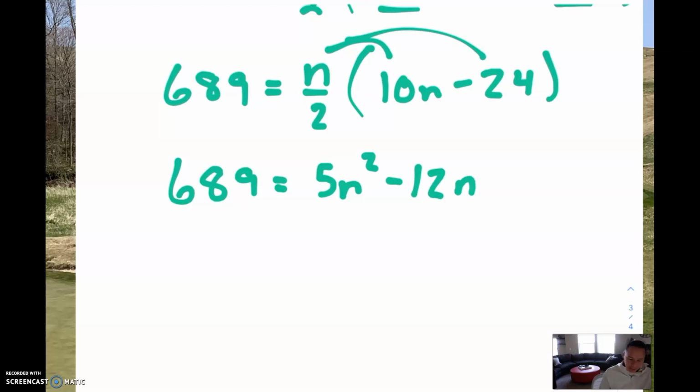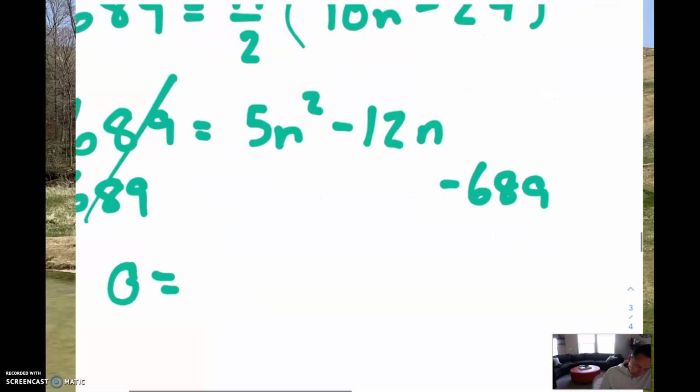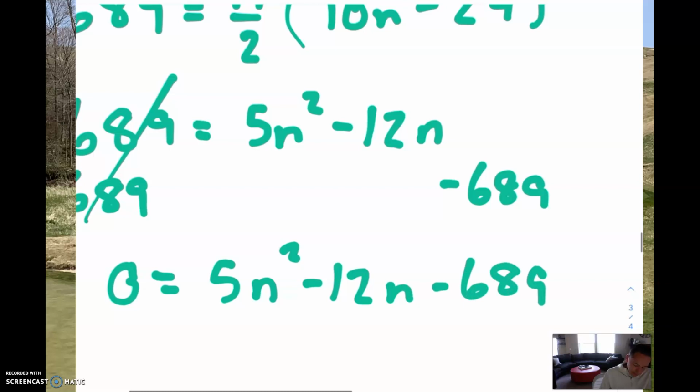So all of a sudden, we've got this quadratic equation once again. So let's go ahead and make this side equal to 0. And we're left with 0 equals 5n squared minus 12n minus 689.